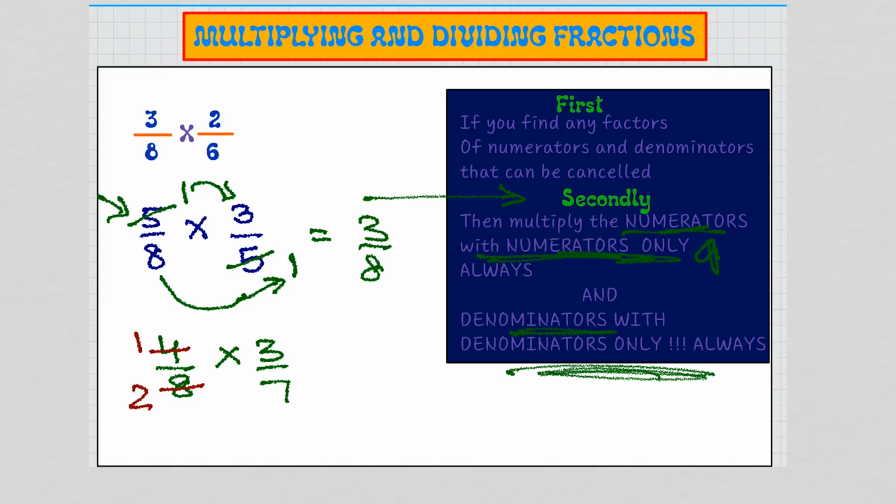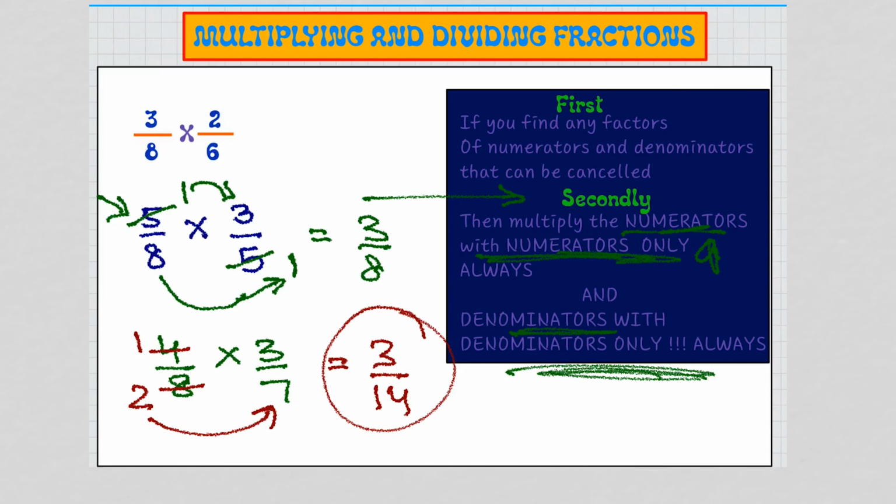And then 1 times 3 is 3. We multiply numerator with numerator and denominator with denominator. 2 times 7 is 14. So that's how you multiply two fractions. Please always remember this step. You can only multiply numerator with numerator and denominator with denominator.